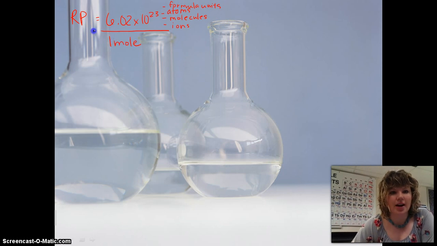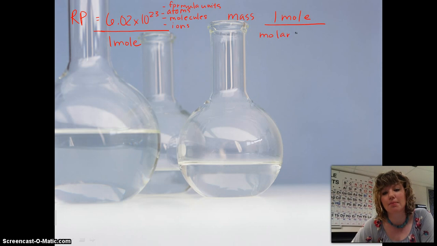Okay, so last video we saw how we could go from this and we could then use our mass conversion, where 1 mole is equal to either the molar mass of a compound, or we had that atomic mass for just an element that we could find on the periodic table.